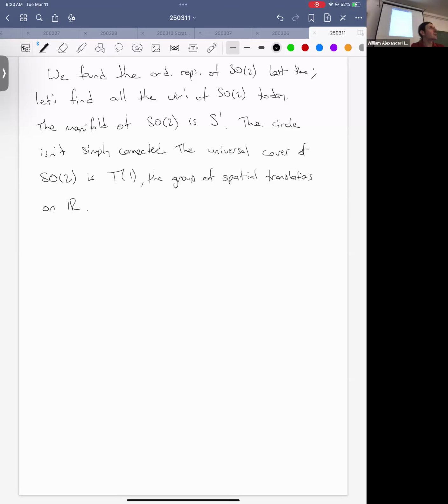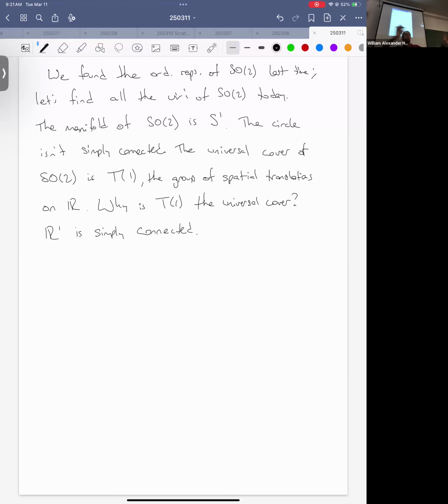Why is that group the universal cover? Well, we need to show 2 things. One is we need to show that the group is simply connected. We need to show that the Lie algebra is the same. So, well, R1 is simply connected. Is that easy to see?